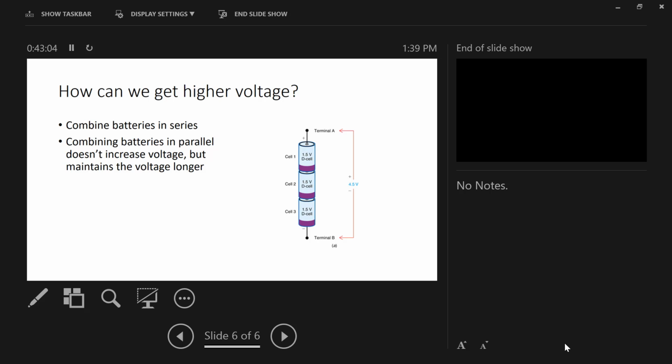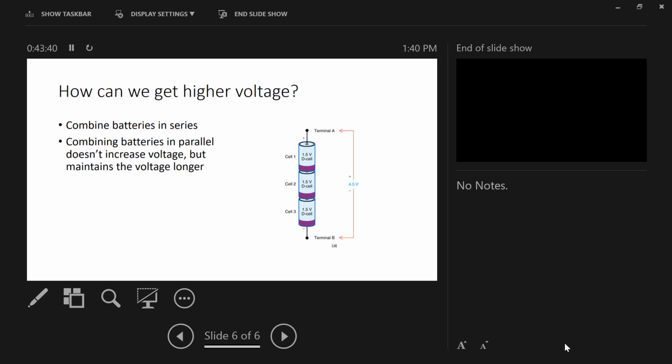It allows the voltage to last longer. And so combining the batteries in series again is going to increase the voltage. Combining the batteries in parallel does not increase the voltage. What it does is maintain the same voltage, but allow that voltage to last longer.